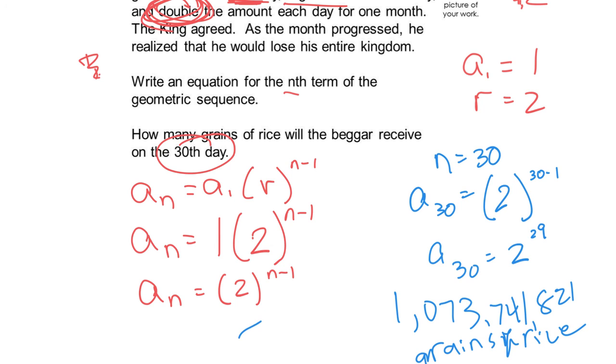I'm going to write my sentence. The beggar will receive 1,073,741,821 grains of rice, period. All right. Pretty smart beggar, huh? And that is it.